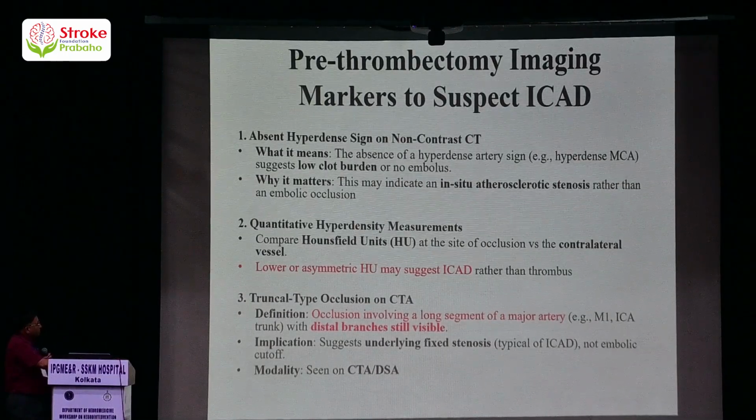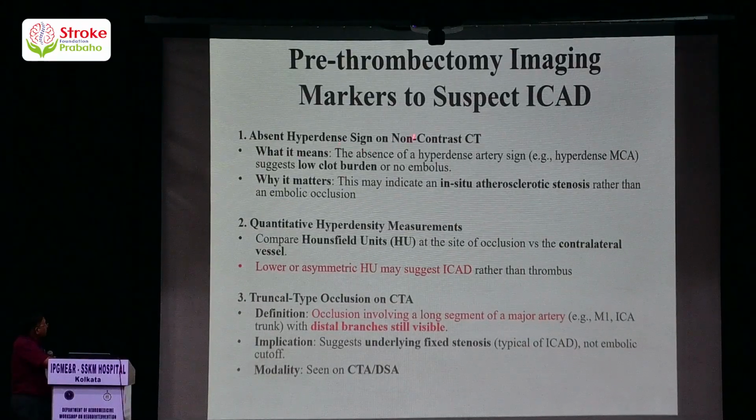So how to diagnose that possibly there is intracranial atherosclerotic disease? If there is an absent hyperdense sign on the CT scan. If there is a hyperdense sign, usually it indicates possibly there is no ICAD, but if there is an absent hyperdense sign, possibly it indicates intracranial atherosclerotic disease. Then there is a quantitative hyperdensity measurement. You can compare the Hounsfield unit on the contralateral side.